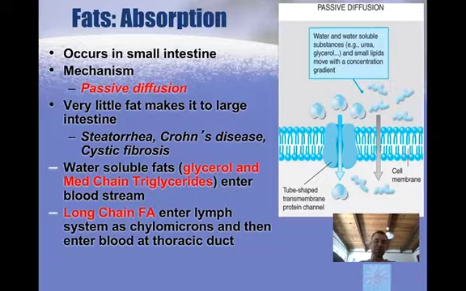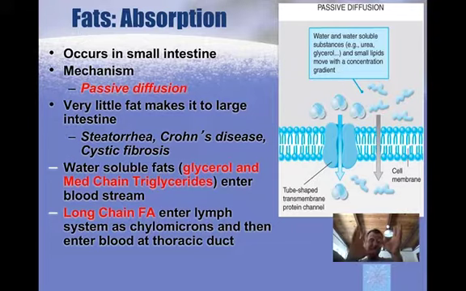And so passive diffusion is unique in comparison to the other two, as you'd expect. Passive diffusion does require a concentration gradient. I know it doesn't say that on this graphic. When I cut it off of the slide that I had before, I eliminated that, but it requires a concentration gradient. So yes, we need a higher concentration of fat on the intestinal side for it to get transported or diffused across to the other side of the membrane.